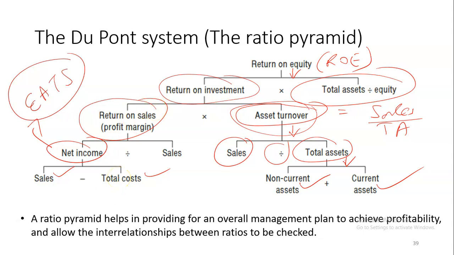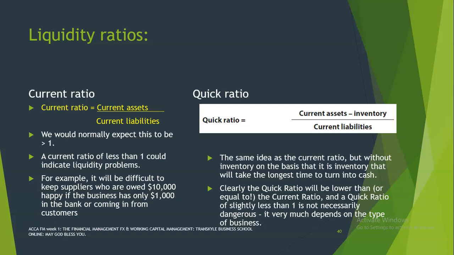So that's the DuPont system for you. However, these ratios are also given separately in these notes. All right. So if we look at the liquidity ratio there, we have got the current ratio, it's given there, as well as the quick ratio.